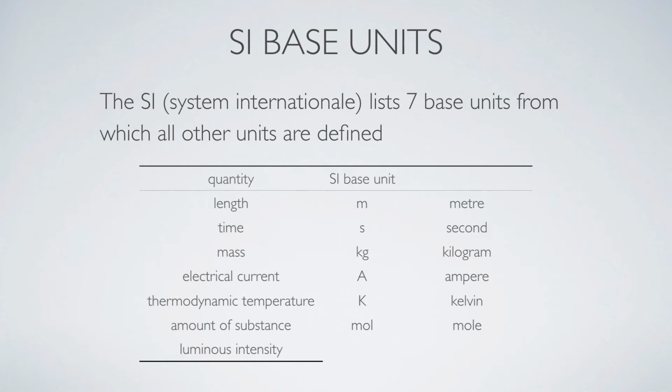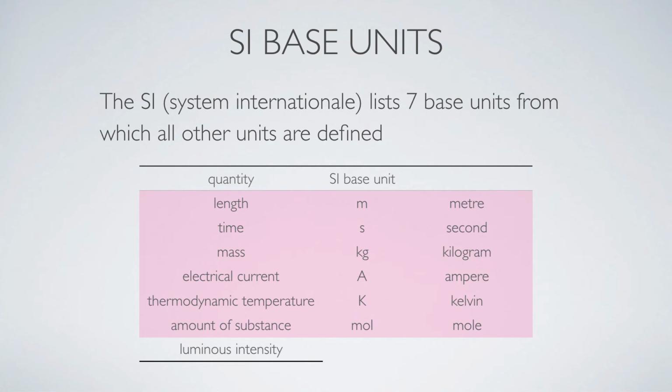Now, in practice, even though I've been a scientist for half of my life, I've actually only ever used 6 of these. I've never used a candela as a unit in the wild. But meters, seconds, kilograms, amps, kelvins and moles occur all the time in chemistry. In fact, the mole is probably the chemist's most unique unit. Very few other people will use the mole quite so much as we will.